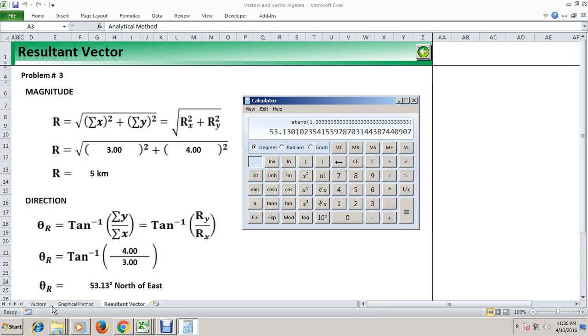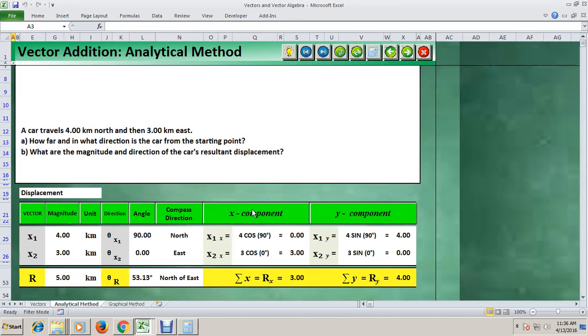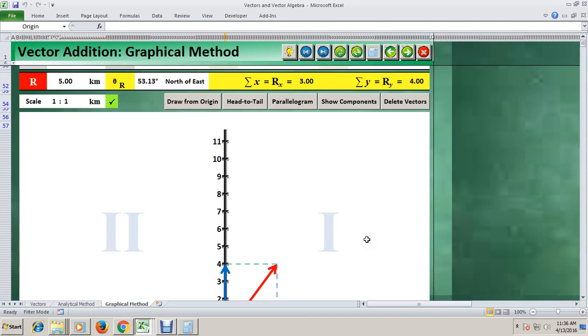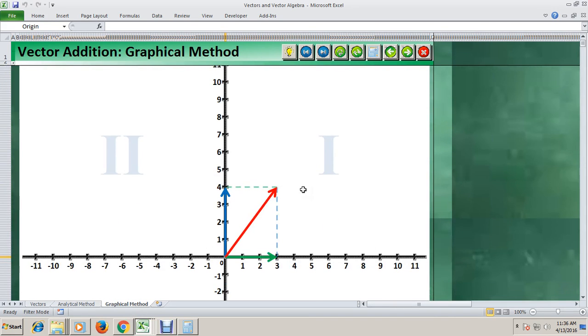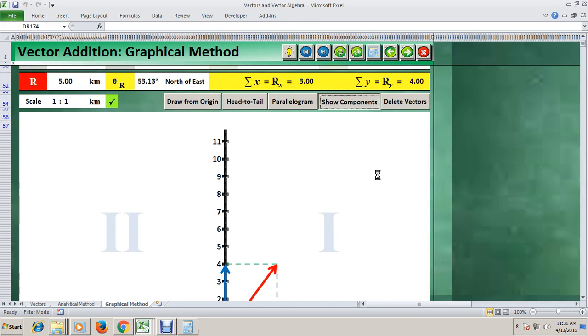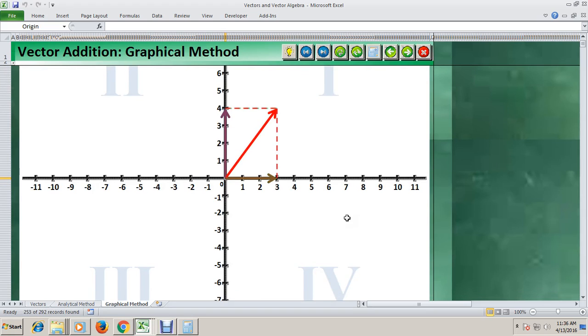So if we go back to the computation of our components, the resulting components yield positive. Both of them are positive, so positive x and positive y. Therefore, the location of the resultant vector should be in the first quadrant as shown in the graphical method. This is your component in x, this is your component in y. Both of them are positive, as you can see in the diagram.